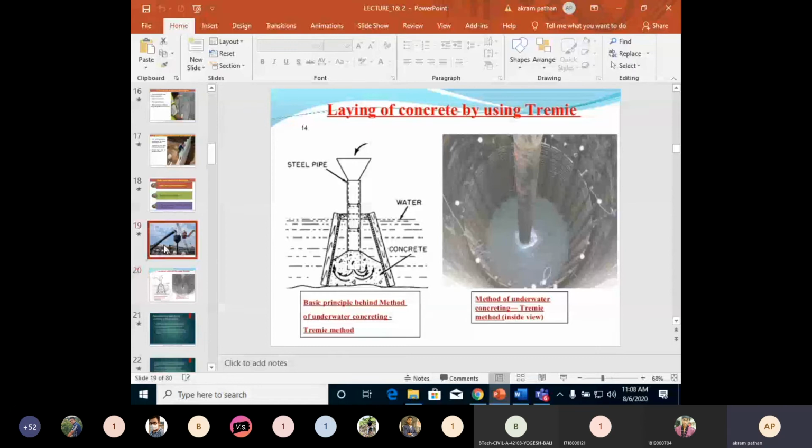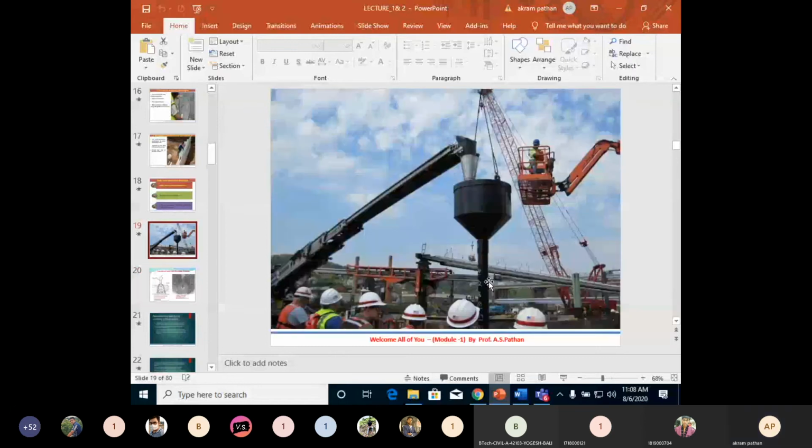This is known as a Tremie. This pipe is a Tremie. So we have to insert this Tremie pipe up to the bed, up to the hard strata. This is a funnel which is provided at the top of this pipe, the Tremie.